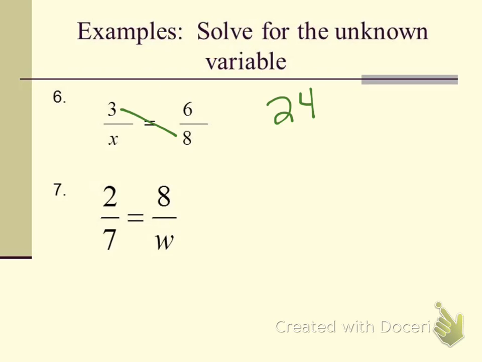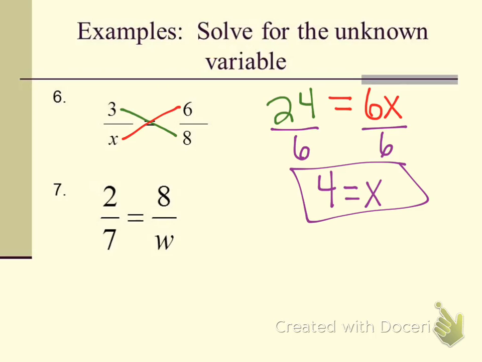Then you multiply across the other way, so now x times 6. What's x times 6? 6x. Those 2 expressions are equal to one another. How do you solve an equation like that? Divide by 6. So we get that 4 equals x. That is our answer. What are your questions on that one?